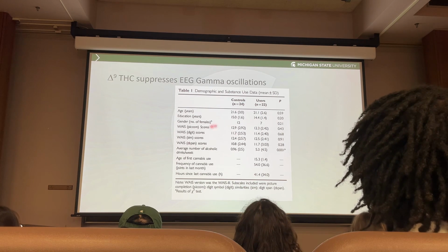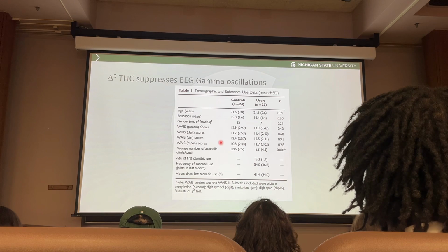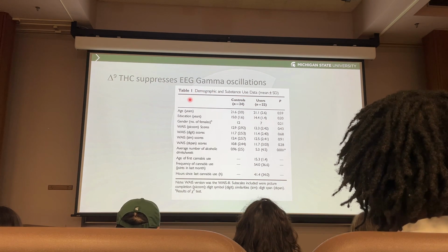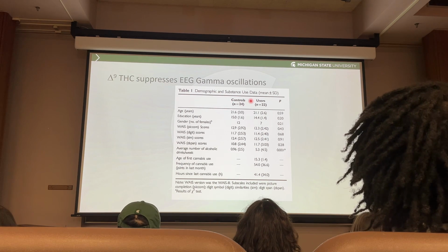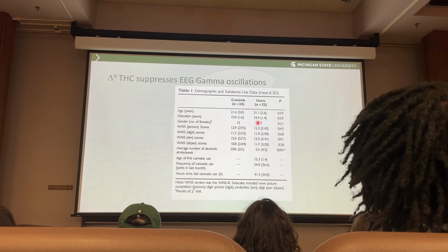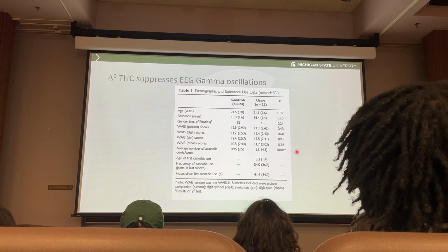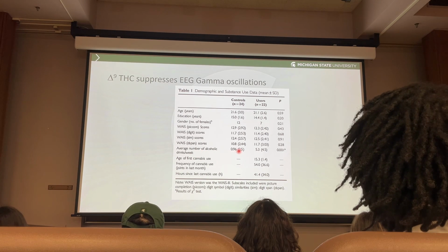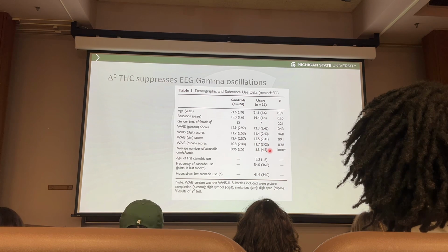You don't need to worry about this data once again, but when I was looking at this data, I really didn't care for something because, as you can see here, this is a supplementary table to the study we just saw, and they have controls and they have users. So the users are the people that are using the cannabis, and then the controls are not. But if you look down here, average number of alcoholic drinks per week, maybe 1 for the control and 5 times that amount for the cannabis users, all right?